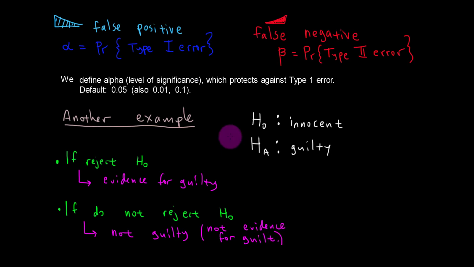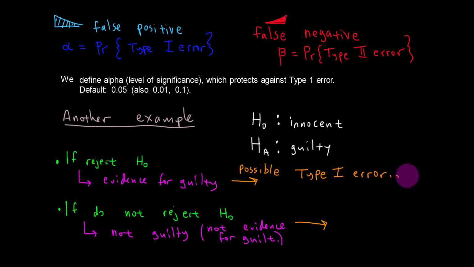Let's consider now the type of errors that can arise here. So I'm going to try to squeeze this in. Possible error. This could be a possible type 1 error in which, what's the consequence? If this was an erroneous verdict, then they are claiming that the individual is guilty, but they are not. So this would be an innocent person doing the time or whatever the punishment is.